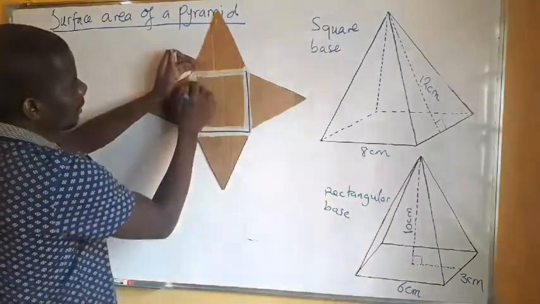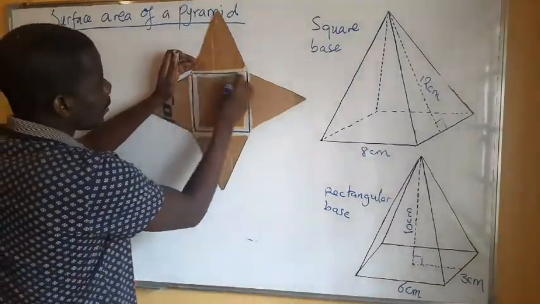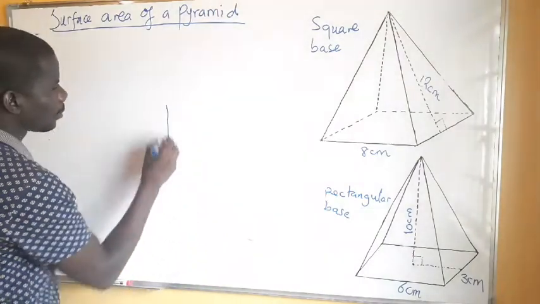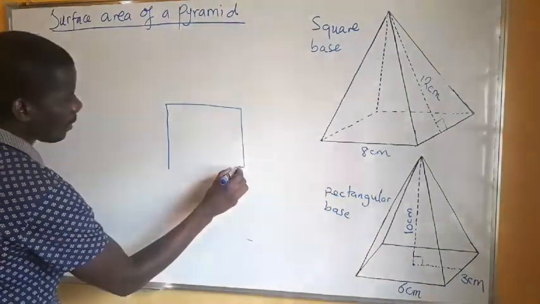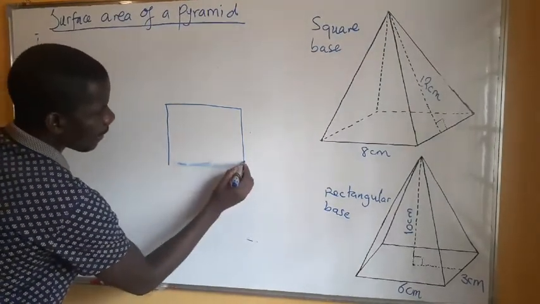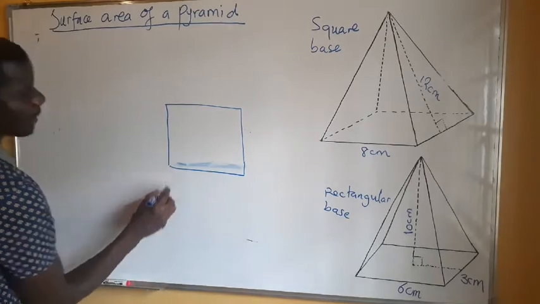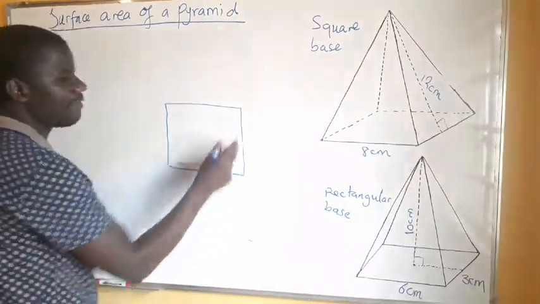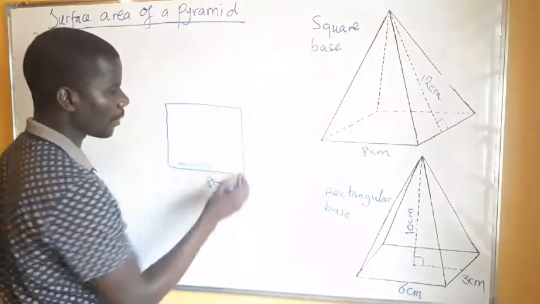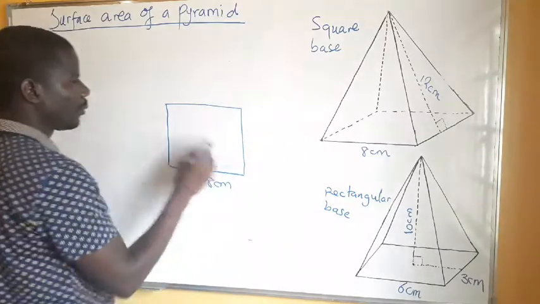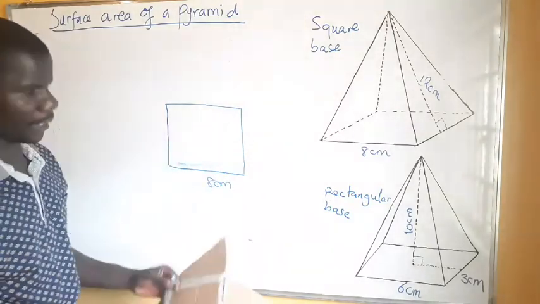So meaning this squared base is 8. If it's squared, even the other side here is 8. Even this side is 8. We may not need to indicate because we're saying this is squared. I hope you are following.